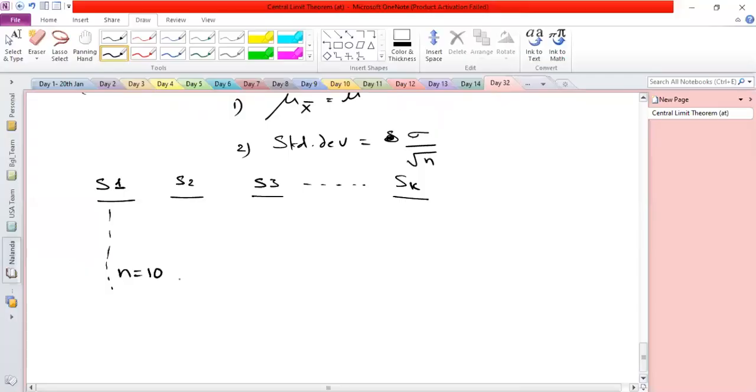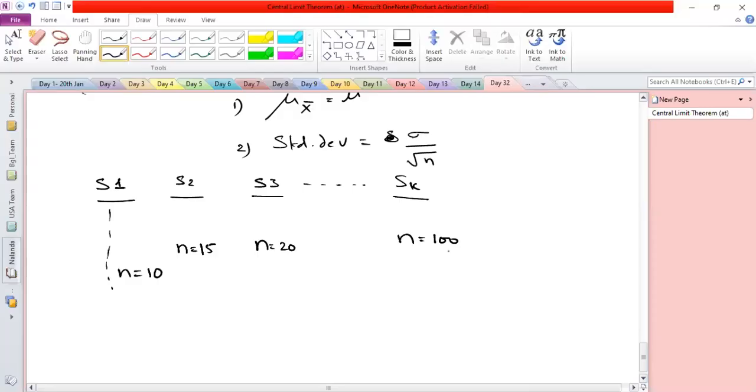The size of the sample will be 10. Here, the size of sample S2 could probably be 15. This could be 20. This could be, let's say, a size of maybe 100. Let us assume.